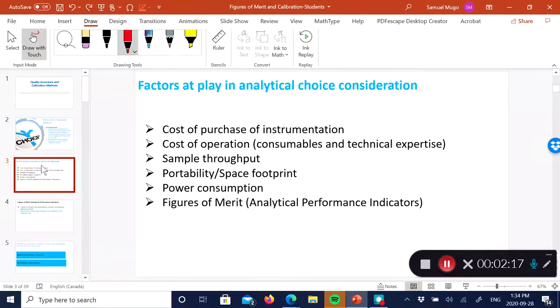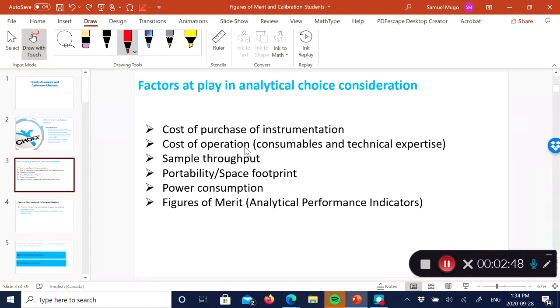Now, an AAS, atomic absorption spectrometer, is about $100,000 cheaper than an inductively coupled plasma optical emission spectrometer. And both of those spectroscopic techniques do very similar things, so the cost implications are very different, so the budget is important. Now, the cost of operation also very important.